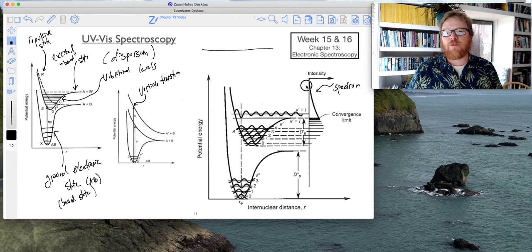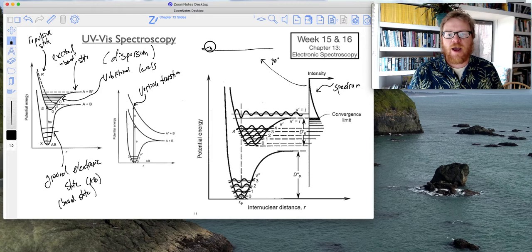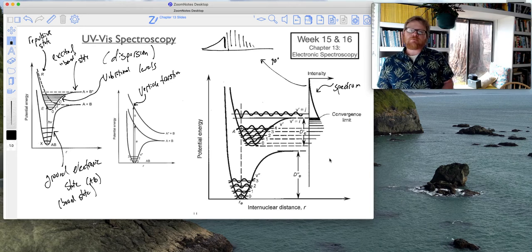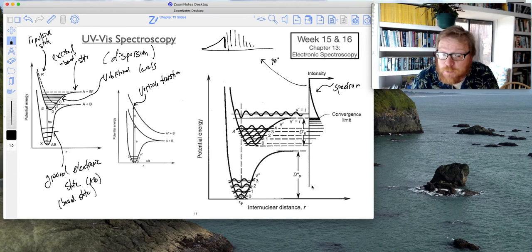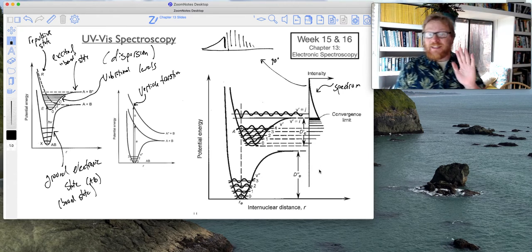Okay, so if I rotated this spectrum by 90 degrees, right, it would look like my typical spectra, and I'll try to draw this picture exactly like the one that's drawn right here so you can see what's going on. Okay, so these spectra that we see are really like a map of the potential energy diagram, right? Which is kind of cool, okay?